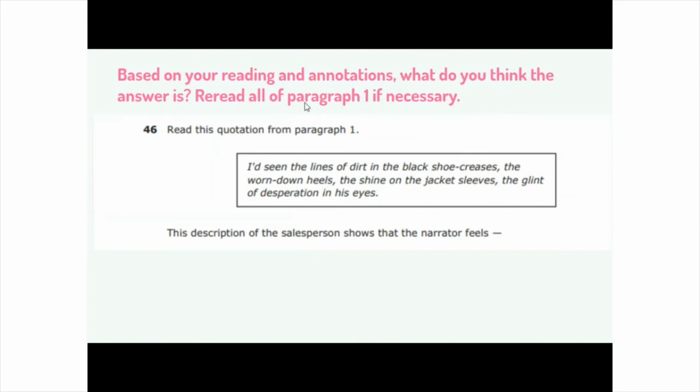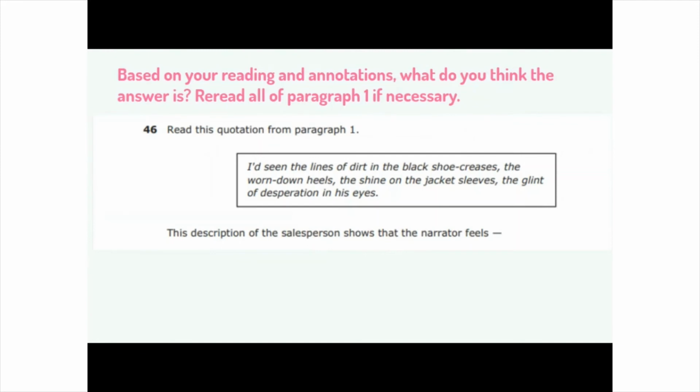It says, read this quotation from paragraph 1. It talks about the lines of dirt in his black shoe creases, the worn down heels, the shine on his sleeves, the glint of desperation in his eyes. So based off of this description of the salesperson, how does the narrator feel? Let's come up with an answer with each other.